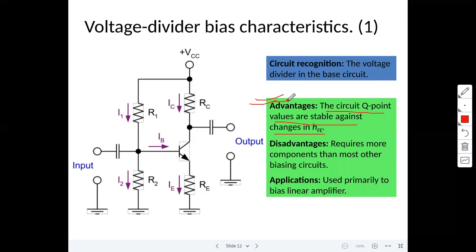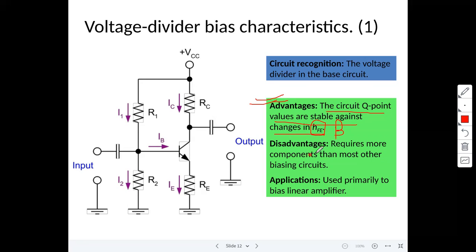Why? Because the stability factor value is very small. Stability of the circuit is very, very high. High stability means the Q point does not change much with respect to HFE. So the circuit Q point values are stable against changes with respect to HFE or beta; both are the same.